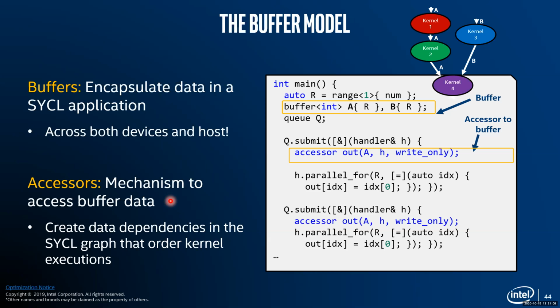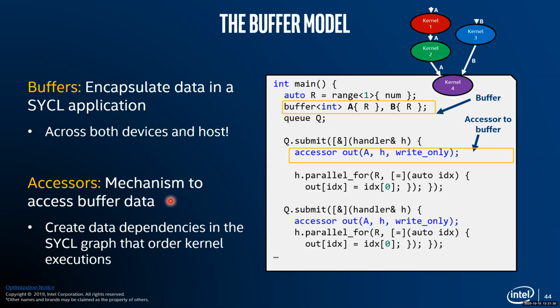SYCL provides a mechanism called buffers and accessors. Buffers are nothing but 1, 2, or 3-dimensional arrays which take ownership of the data on the host side, and accessors are the only mechanism to access this buffer data, either on the host side or on the device side.